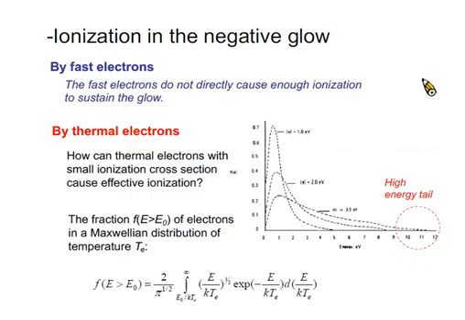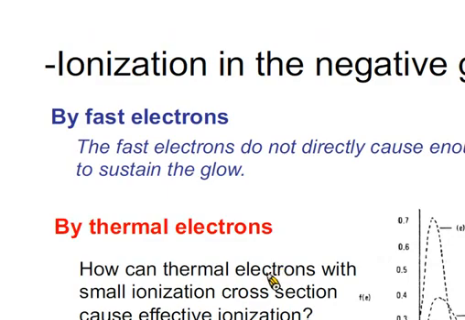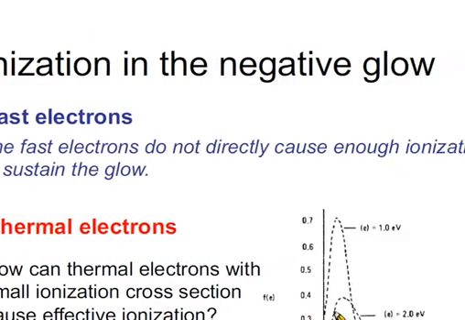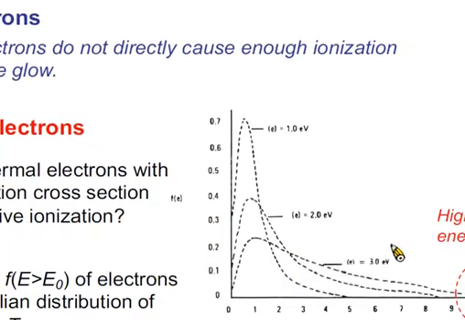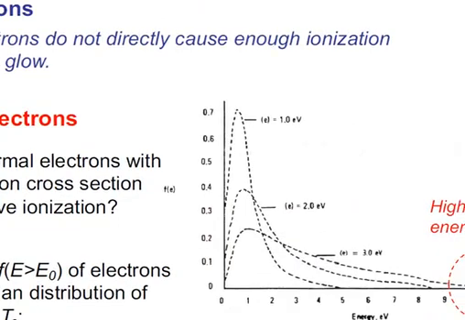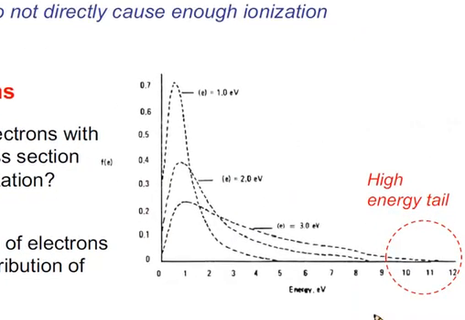So for example, if we say that the average electron temperature is 1 electron volt, here is 1 electron volt. But the actual distribution of the electron energy follows this curve.